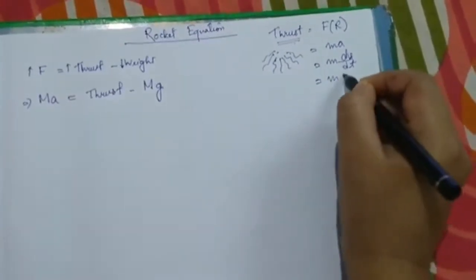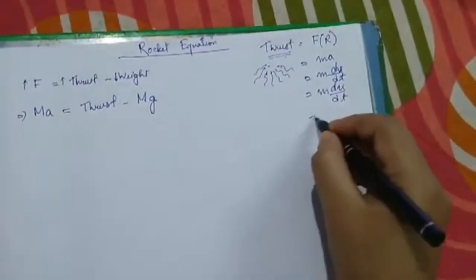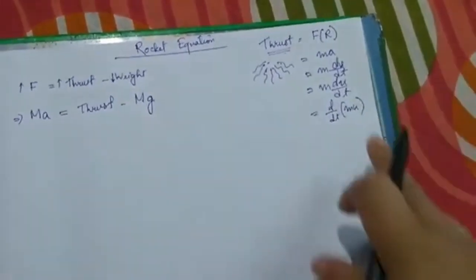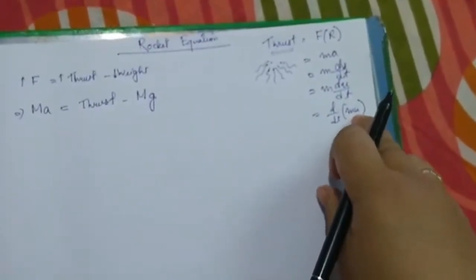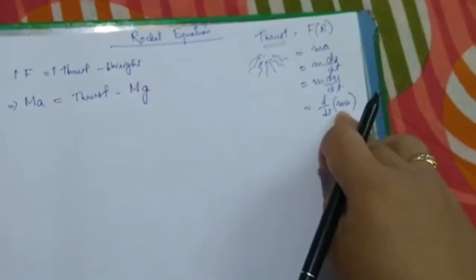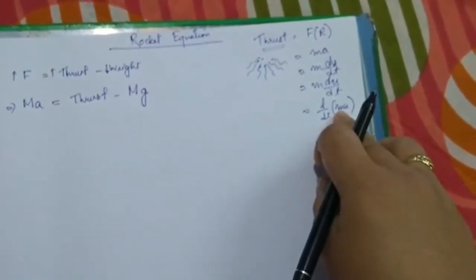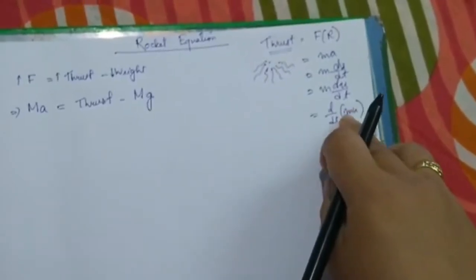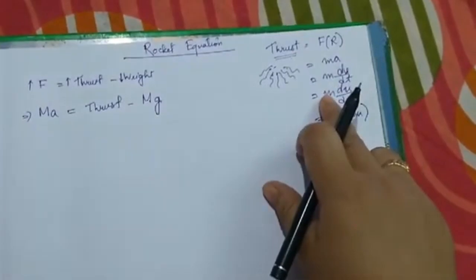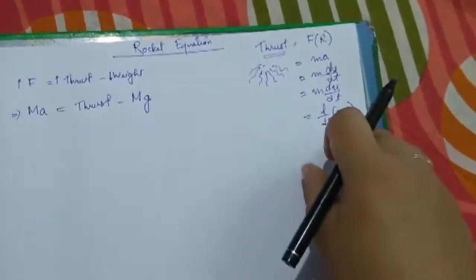So I will write it as d(mu)/dt, that is, d/dt of m into u. You see u is basically constant, the velocity of ejection of the fuel will remain constant. But if the fuel is burnt, what will happen? The mass will reduce. The mass is not going to be constant, as in the normal cases where mass is constant, which is why we keep it outside the derivative. But in this case the situation is different. The mass is changing. The fuel is getting burnt.